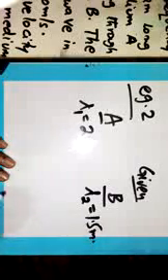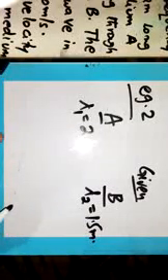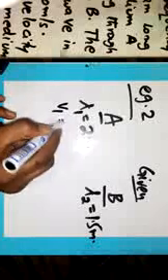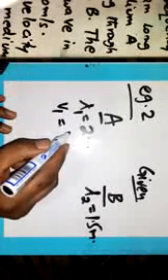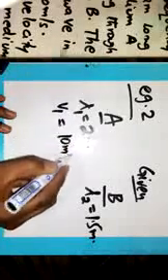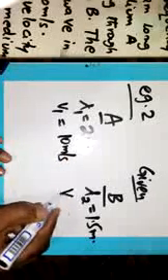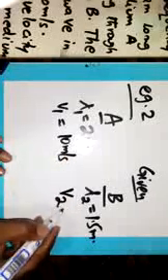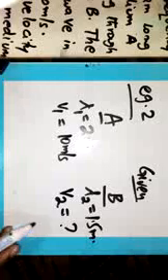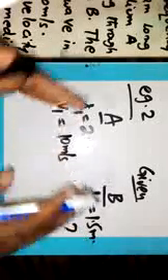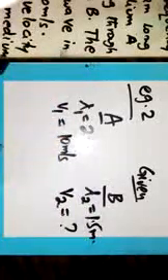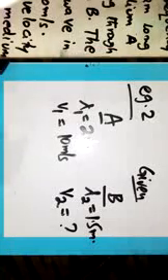The velocity of the wave in medium A, V1, is 10 meters per second. What will be the velocity of the wave in medium B, V2? I think you know how you can solve this. Do you remember that formula?